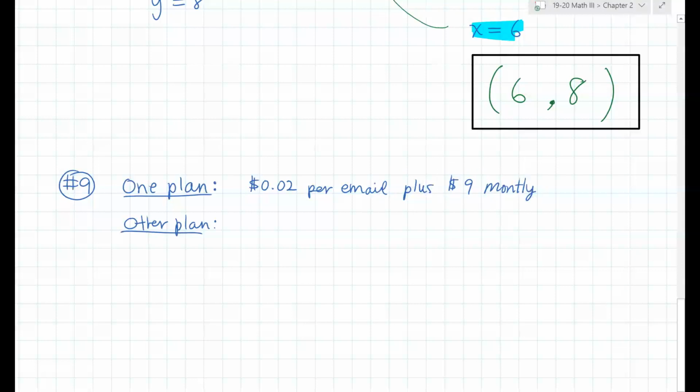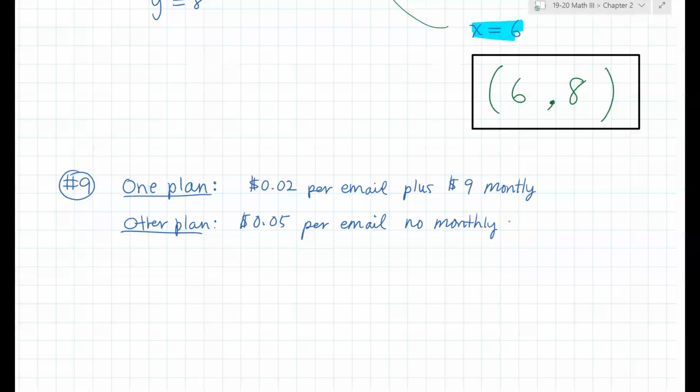Okay, the other one says 5 cents per email, no monthly charge. Okay, so no monthly charge for that. Now, do you guys know what the word per means in math?